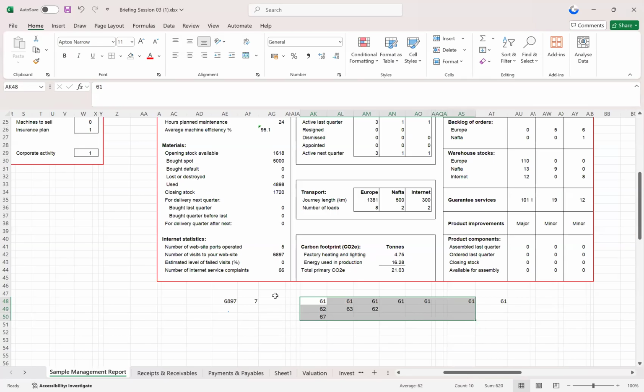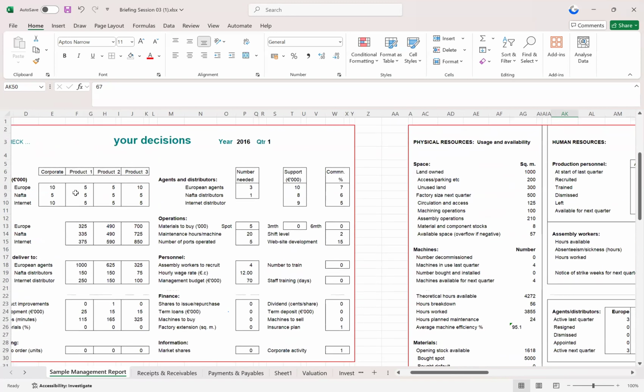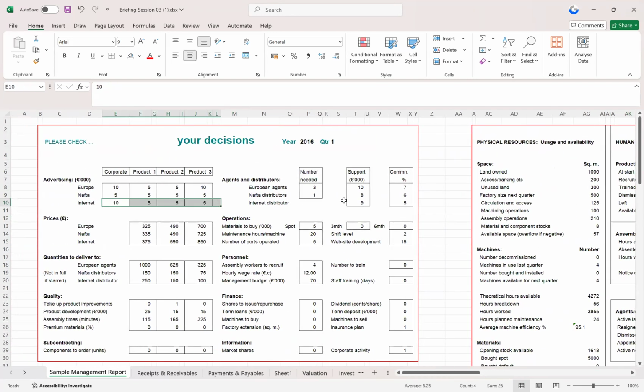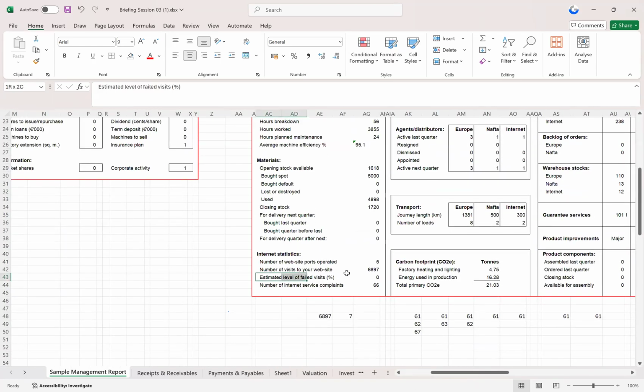So in this case, it's a clear indication. As a company, I would like to have 0 failed visits on my website. So to avoid this, I have to at least increase my website capacity to compensate for that 7. Now, if at 5 ports I am recording 7 failed visits, and I am further increasing my business over the internet through marketing and stuff like that, I would get more visits on my website. So clearly, I would need more ports than 5 for this particular website.